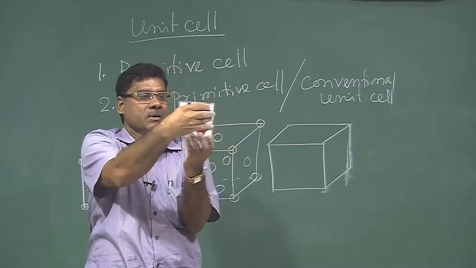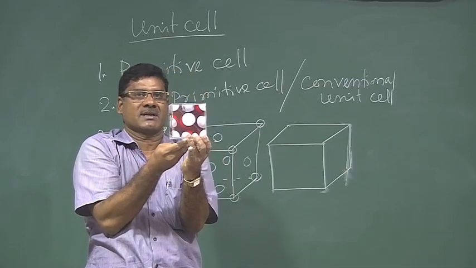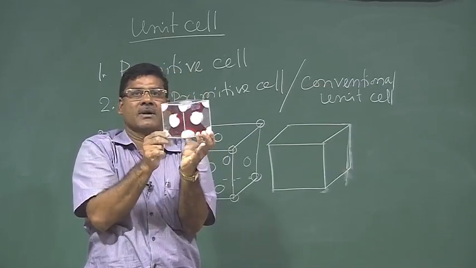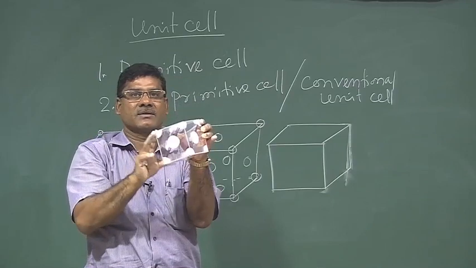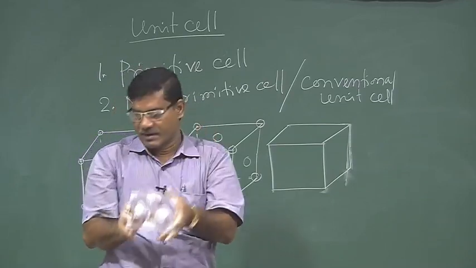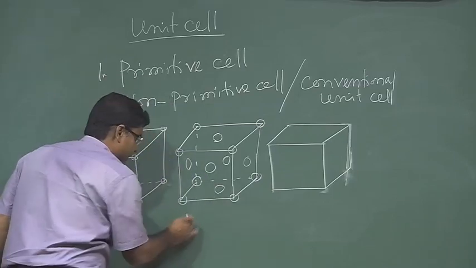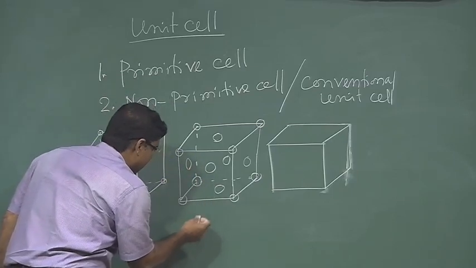You have 6 faces, so that gives 3, and the 8 corners again give 1. So the total is 4 lattice points per unit cell.